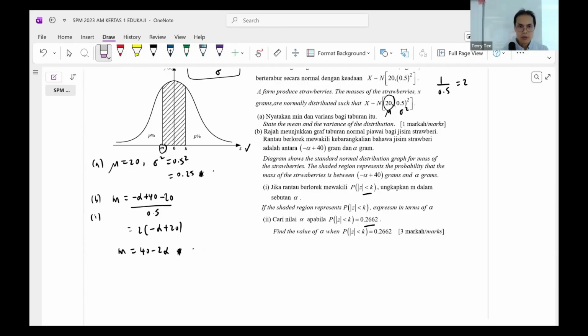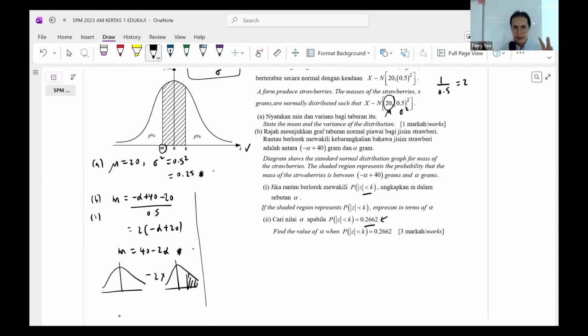Modulus of Z less than K is this. And this is equal to, the whole thing is 1, right? You need to minus 2 times of this. Okay, this part here, we know the area in between is 0.2662.